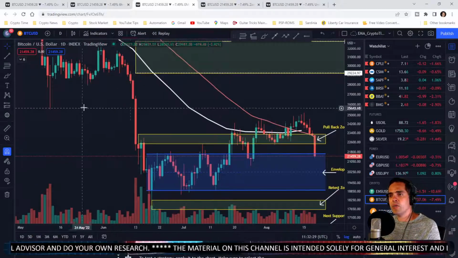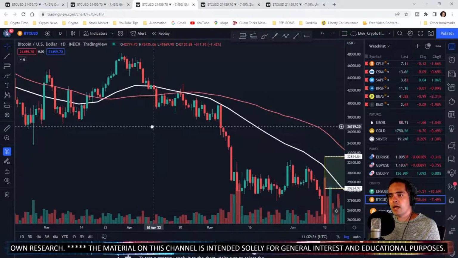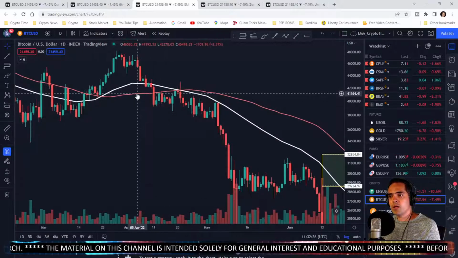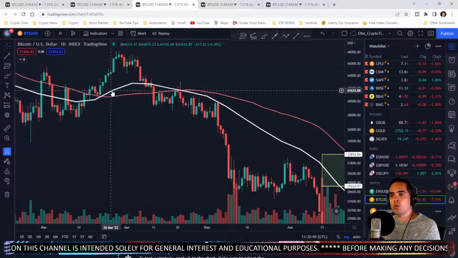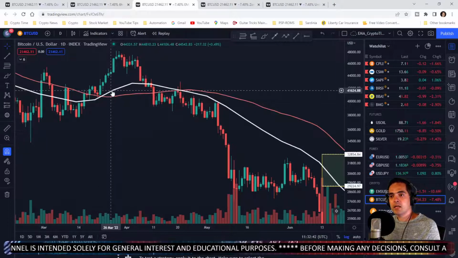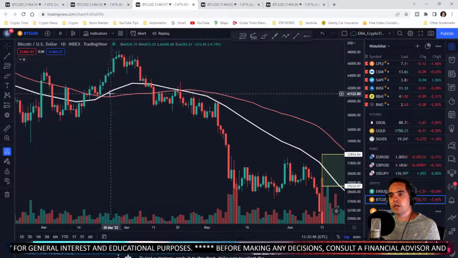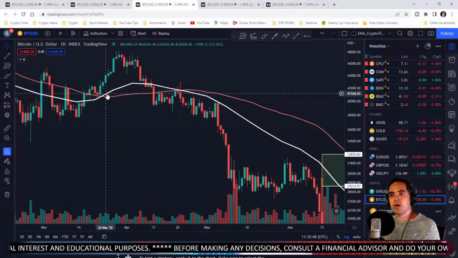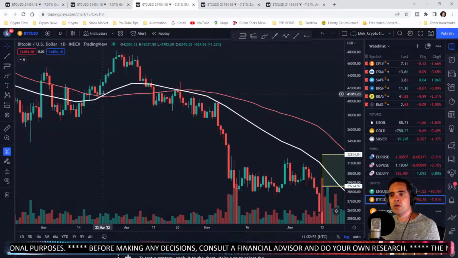Okay, so if we go back just for a bit, we see here the lines. The white line, which is the fastest between the two, crossing above the red line, indicates a good time to buy, in this case Bitcoin.